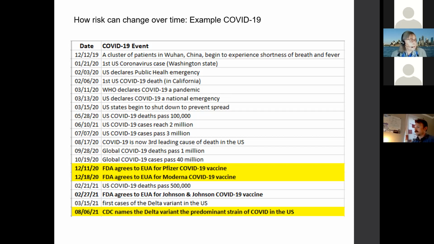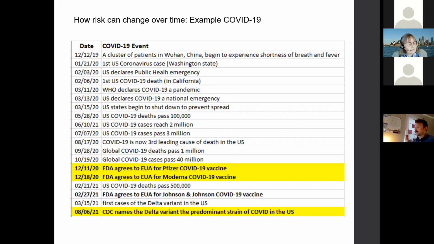The risk for getting COVID increases as the number of cases increases and it becomes more widespread. But something happened then in mid-December when the FDA gave the emergency use authorization for Pfizer and Moderna, and a couple of months later to Johnson & Johnson. That's going to change the risk probability because people who are vaccinated have a much reduced risk of death from COVID.